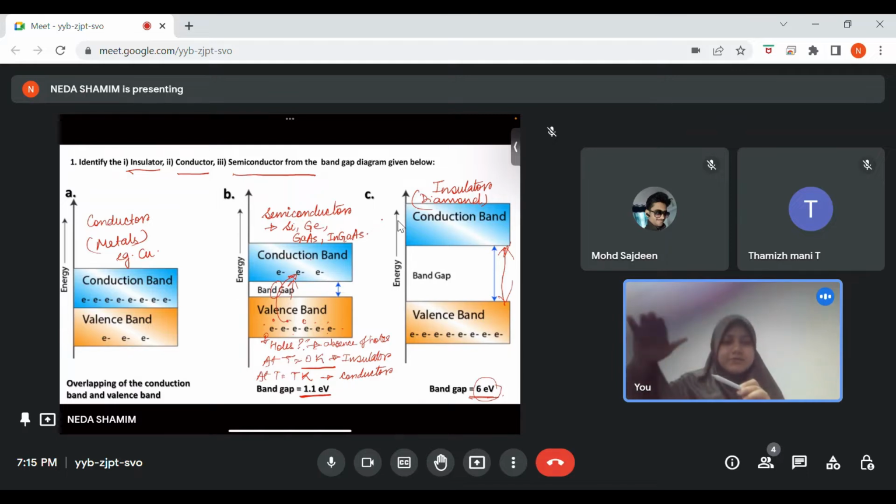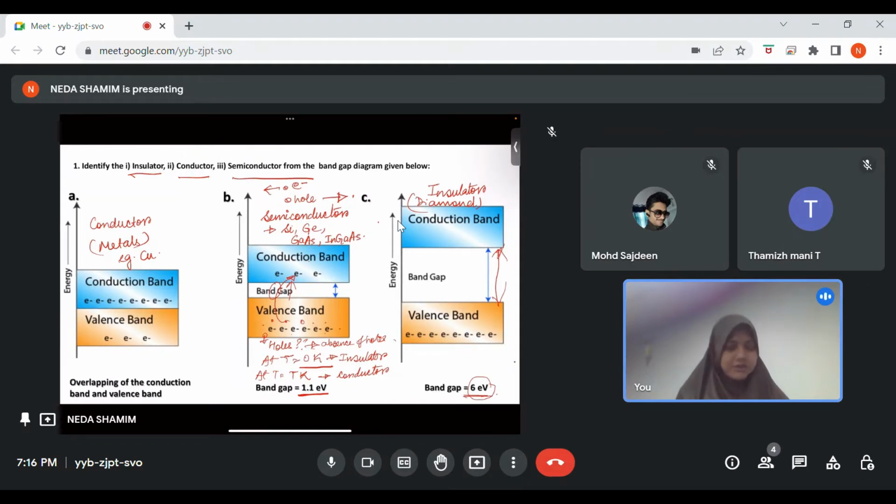If the electron moves in this direction, the hole will move in this direction. You got the whole idea? It's clear? I hope it's clear. So let's move on to our next question.